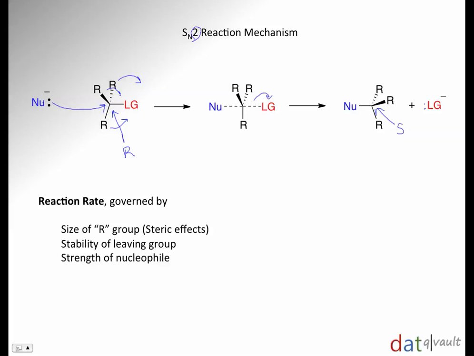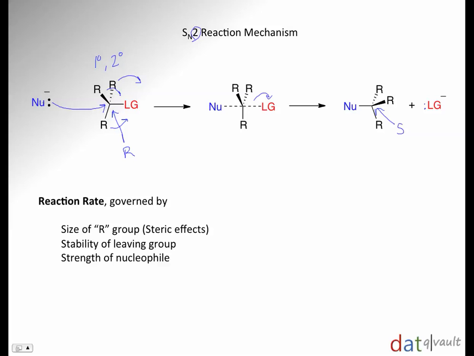SN2 reactions can go with either primary or secondary carbons. A primary carbon will always undergo an SN2 mechanism because the carbon is basically not hindered at all. There's some gray area here with a secondary carbon.